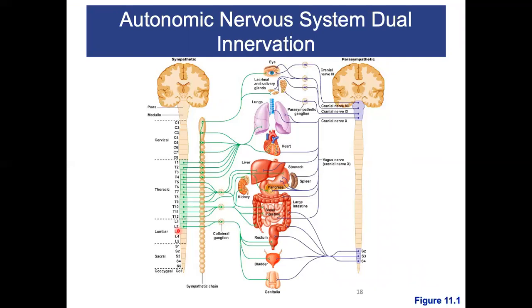If you've ever been pregnant and had an epidural, the epidural is inserted into this region as well, so that it is into the space, so that you're numb from your waist down.